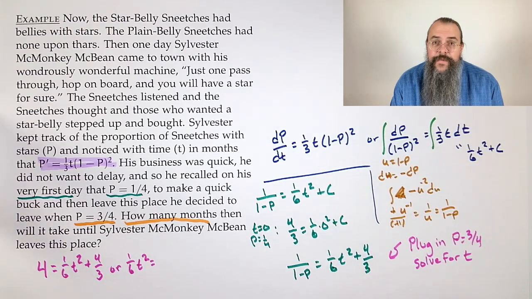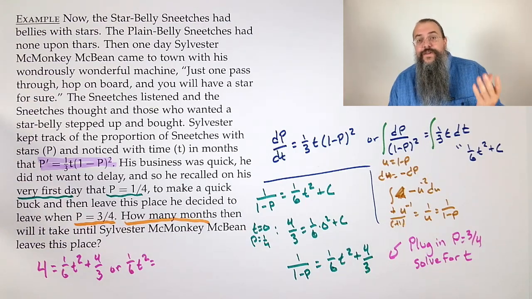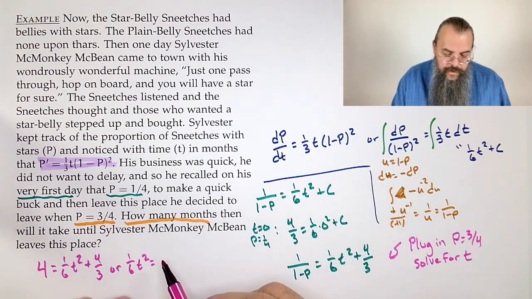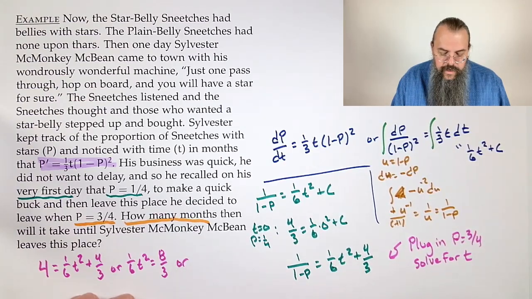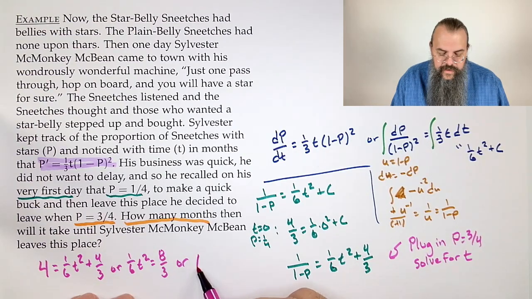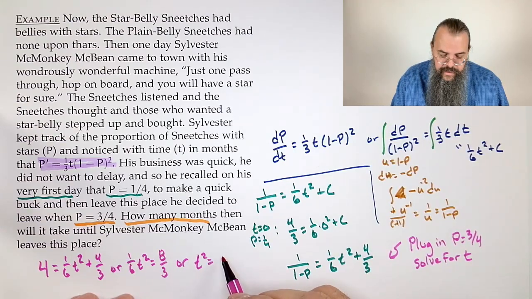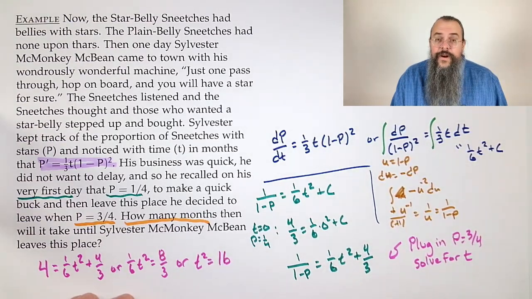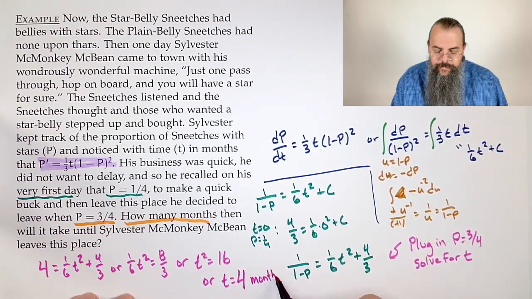Well, what is that? If you think of 4 as 12/3, 12/3 subtract 4/3 would leave us with 8/3. Or we could multiply both sides by 6. That would say t squared is 48 divided by 3, which is 16. Or take the square root. t equals 4. 4 months.